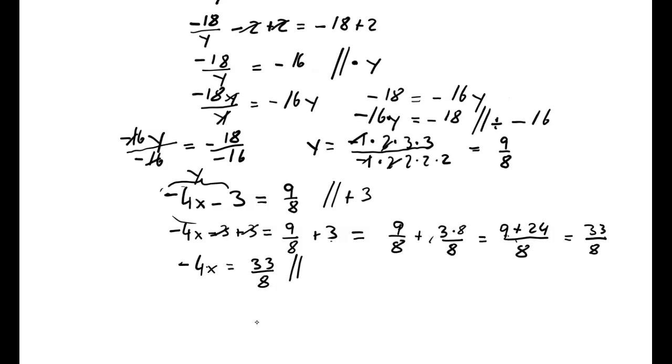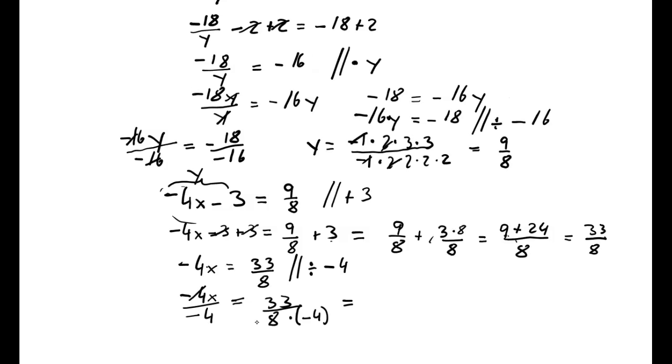Now we've got a multiplication, so we do the inverse mathematical operation. We divide by the factor negative 4. We've got negative 4x over negative 4 equals 33/8 divided by negative 4.